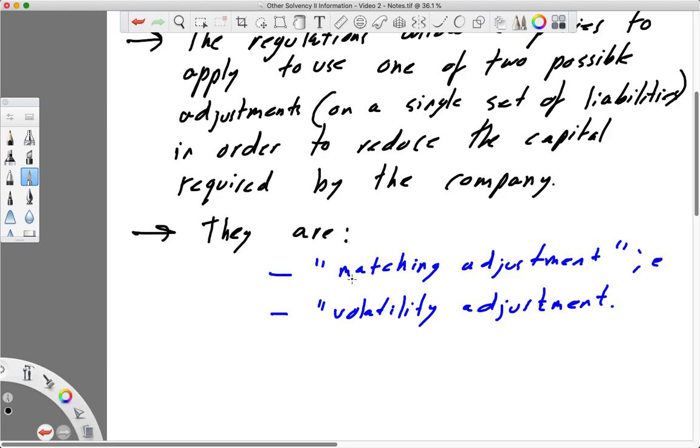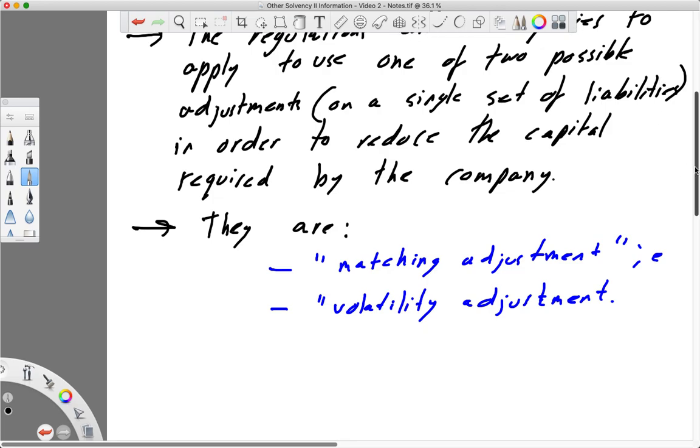So they are quite similar, but they are different things. So let's do the matching adjustment first.